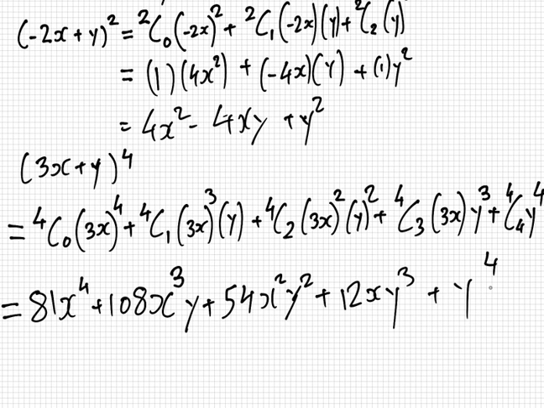Just before I go on to the next example, I just want to point something out that some people may have noticed. If you look here, this 0 here, this 1 here, or this 2 here, or this 3 here, it must always match with one of the powers. So for example, there's a 3 here, there's a 3 here. There's a 2 there. There's a 1 here. Where's the power 1? On the y.